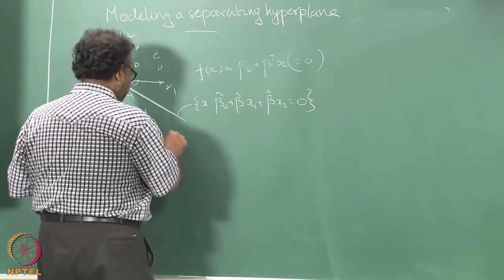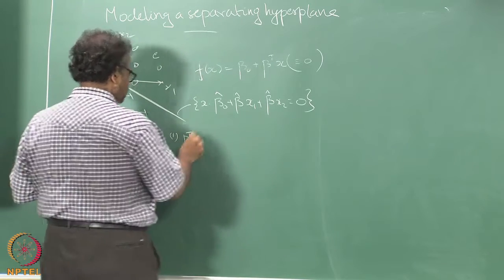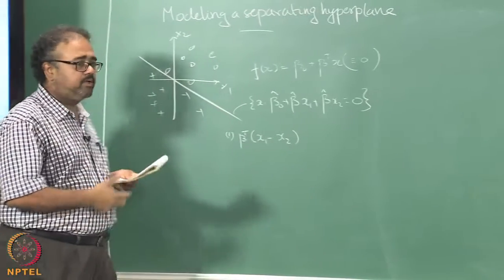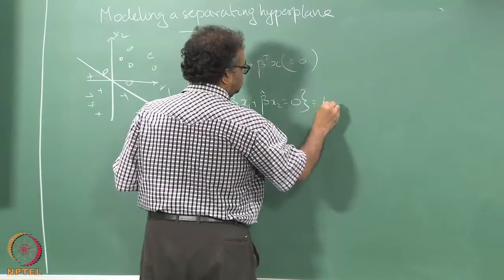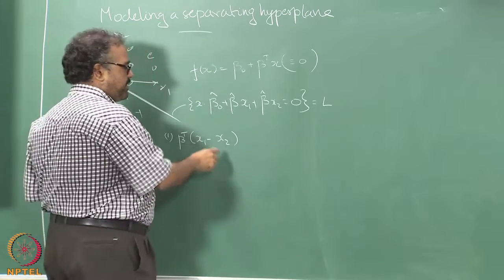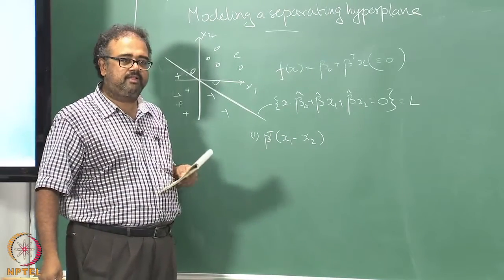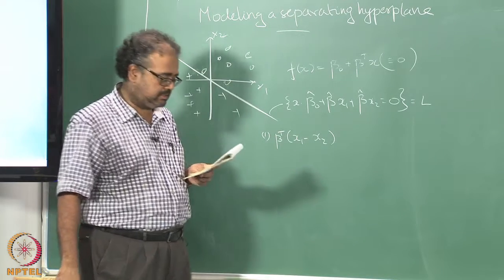So some properties here. If x1 and x2 both belong to the line, I am just going to call this L. If x1 and x2 both belong to L, then we know that beta transpose (x1 minus x2) will be 0.